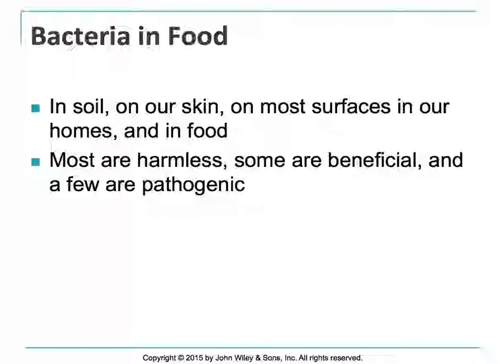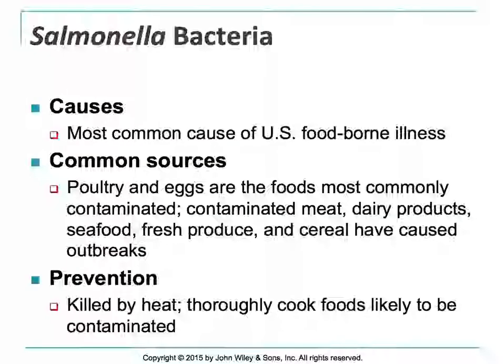Bacteria in food. We see bacteria everywhere. It's in the soil, it's on our hands, most surfaces in our homes, and on our food. Most bacteria are completely harmless. Some are actually really beneficial, but there are a few that are pathogenic or can cause disease. Salmonella bacteria is the most common cause of U.S. foodborne illness.